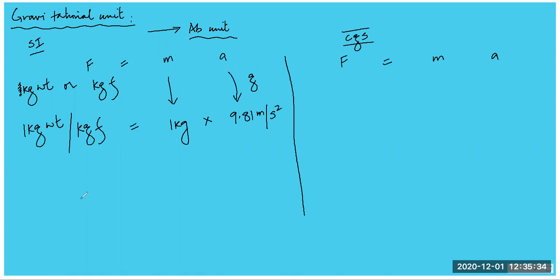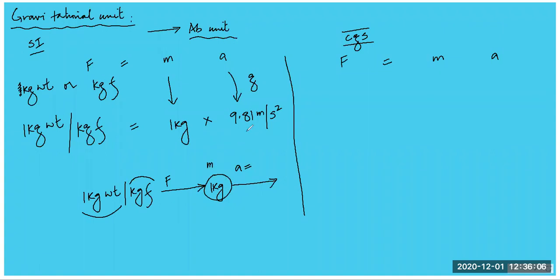So how do I define 1 kilogram weight or 1 kilogram force? If it is applied on a body of 1 kilogram, it produces an acceleration of 9.81 meter per second square.